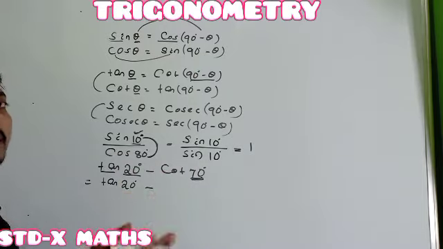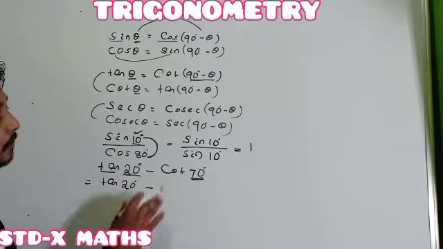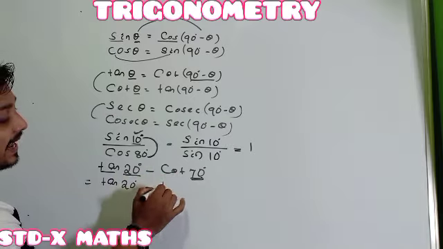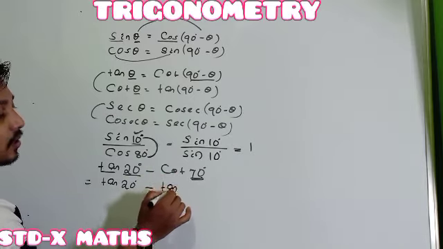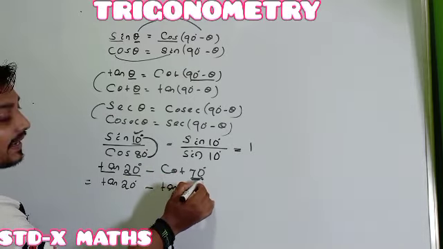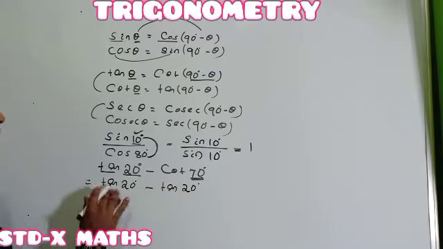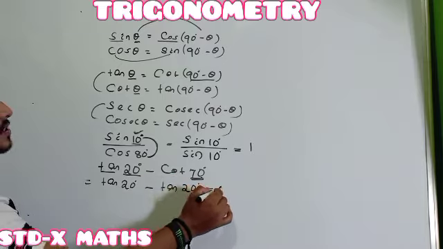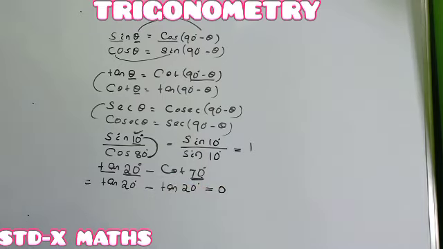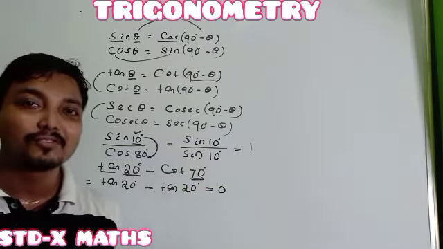Tan and cot are interconvertible, for which cot theta is tan of 90 minus theta. So it is tan of its complement angle; the complement of 70 degree is 20 degree. Now tan 20 minus tan 20, the result will be 0. Up to this, clearly understood?